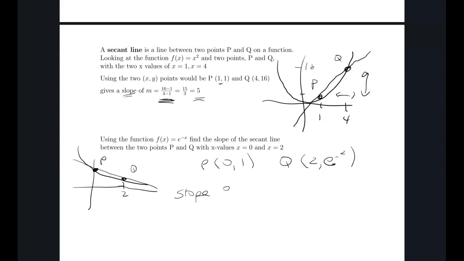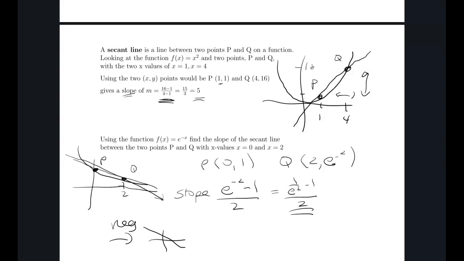So e to the negative 2, subtract 1, over 2 minus 0. So e to the negative 2 is like saying 1 over e squared, right? Over 2. So 1 over e squared is a small number. Subtract 1. This would give you a negative number. This is the slope. It's negative slope, right? Because you know negative slope is moving down.